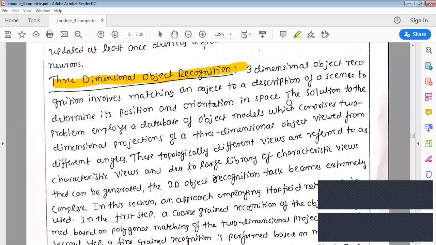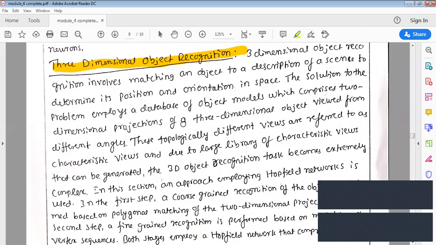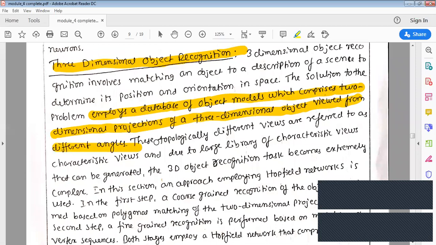So how will you be able to do this? It employs a database of object models which comprise two-dimensional projections of three-dimensional objects viewed from different angles. Here, a three-dimensional object is taken, and we take pictures of the object from various angles: front view, back view, side view, top view, bottom view, and so on.